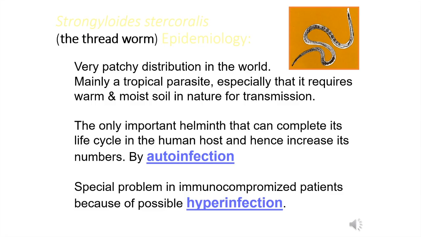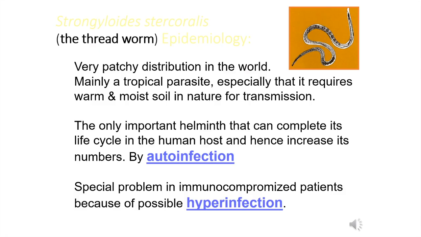And then hyperinfection occurs by auto-infection, but especially in immunocompromised patients. Hence, the larvae will be penetrating the skin, but not being checked or killed by the immune system in immunocompromised patients, and hence hyperinfection may result.